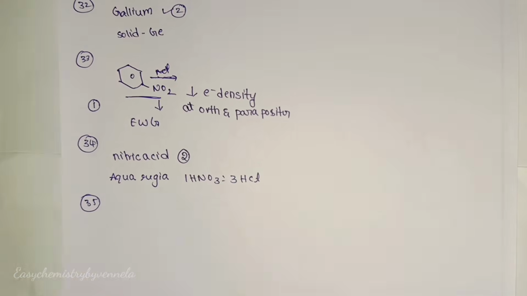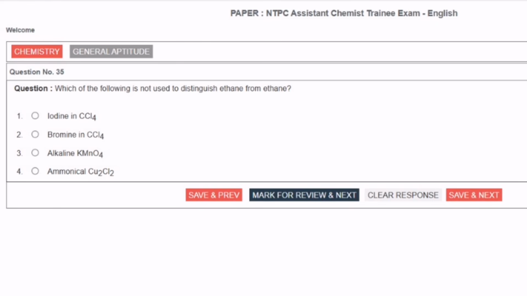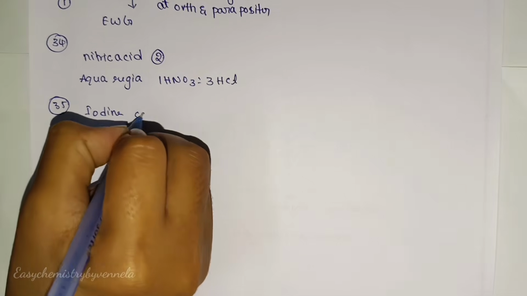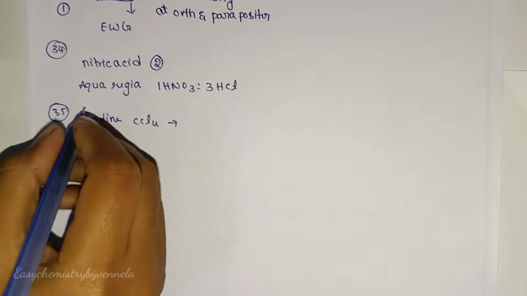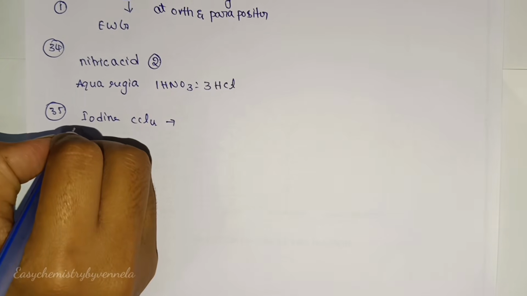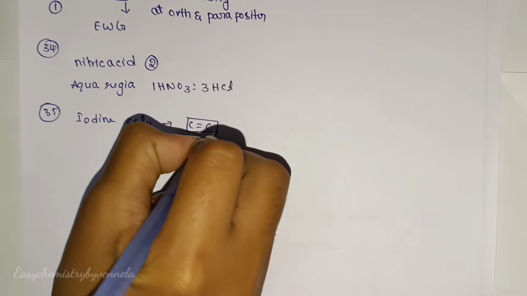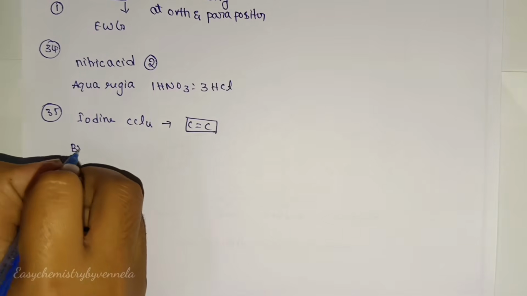Next question. Which of the following is used to distinguish ethane from ethene? Iodine in CCl4, bromine in CCl4, alkaline KMnO4, ammoniacal Cu2Cl2. To distinguish ethene from ethane, we detect the double bond.